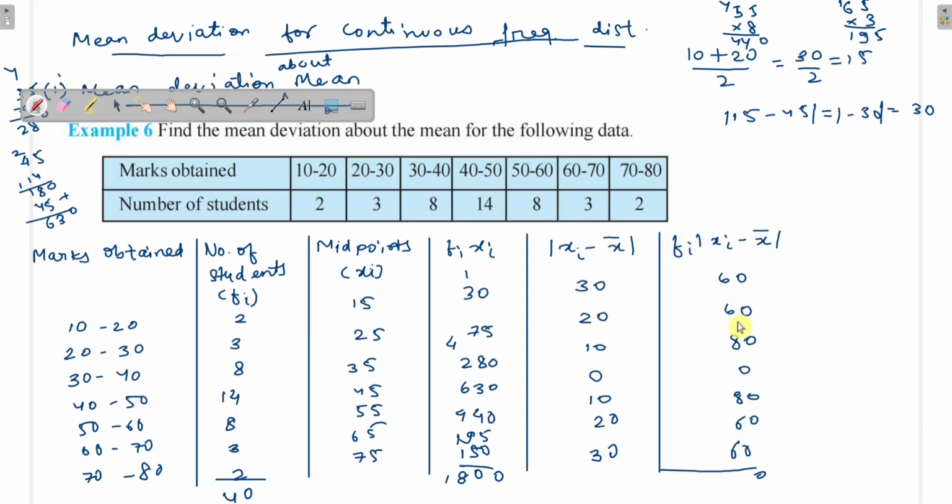So, let us see, 6 plus 6 is 12, 12 plus 8 is 20, 20 plus 8 is 28, 28 plus 6 is 34, 34 plus 6 is 40.